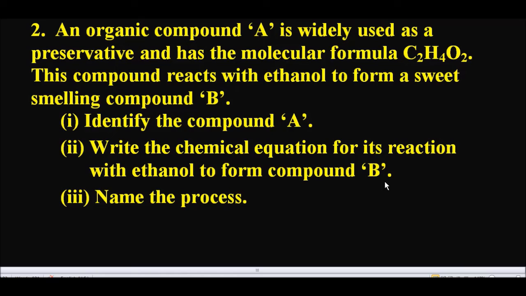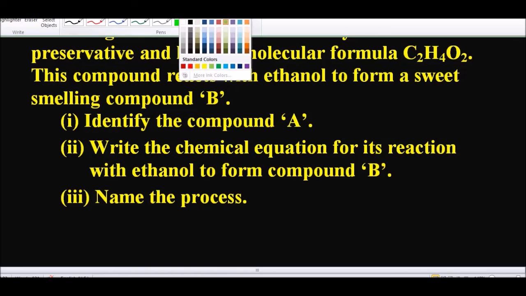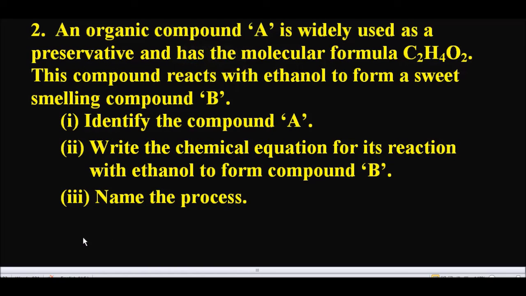Three divisions are there in the question. When an organic compound is used as a preservative, in our syllabus the given compound is acetic acid, also known as ethanoic acid. So the compound used as a preservative would be acetic acid.